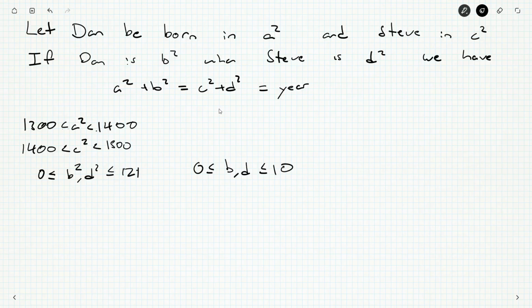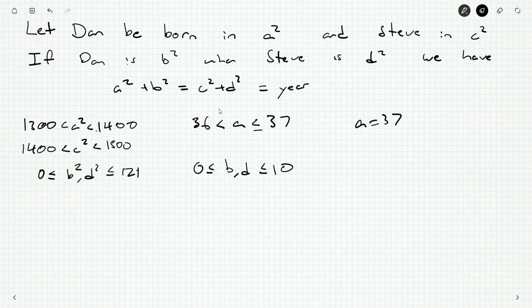Now, A squared. So what could A squared be? The square root of 1300 is about 36 point something. So 36 is less than A, and then the square root of 1400, just square rooting all sides of the inequality. So A has got to be more than 36, but less than or equal to 37.